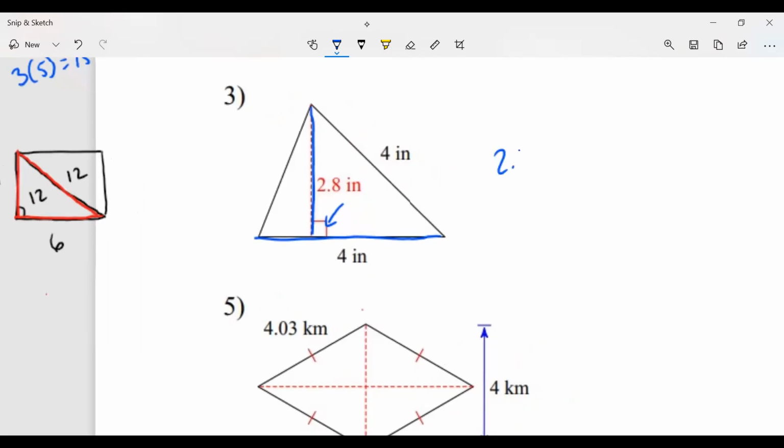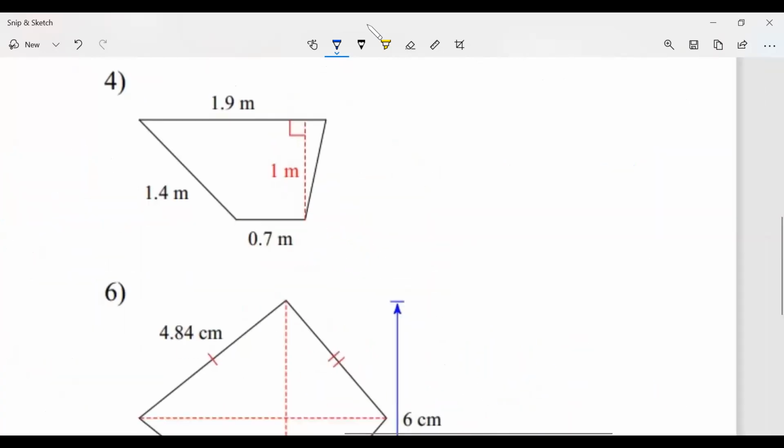So 2.8 times 4, but then I'm going to divide this by 2. Remember, I divided by 2 because a triangle is half of a rectangle. Use a calculator if necessary. It gives me 5.6. It's already given to me as 1 decimal place, so that's good. Don't have to round it.